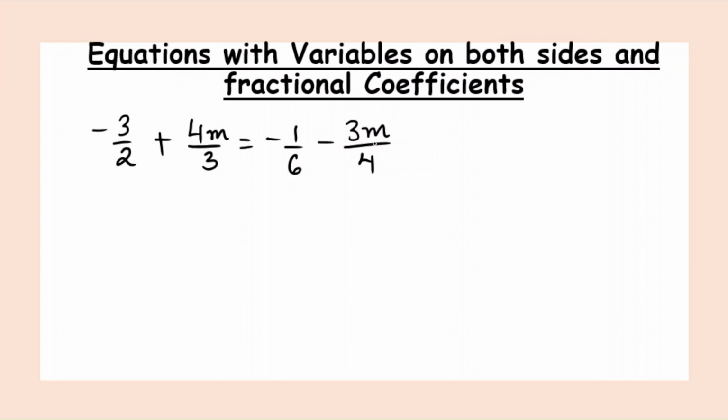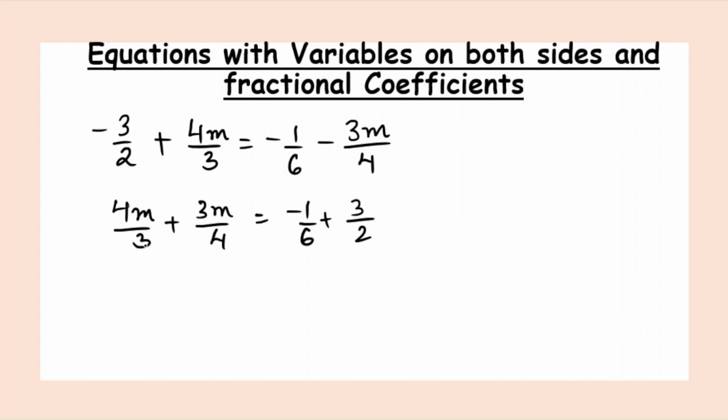So bring all the variable terms on one side and take all the constants to one side. Always remember to change the signs while you are shifting the terms from one side of equal to another side of equal to. So you will get 4m over 3, this minus 3m over 4 will become plus 3m over 4 equals minus 1 sixth, and this minus 3 by 2 when come over there, it will be plus 3 over 2.